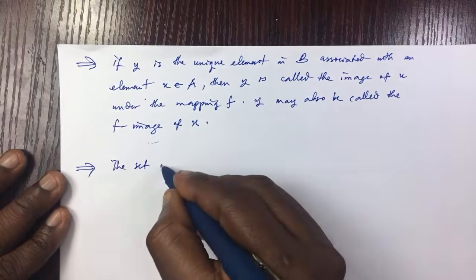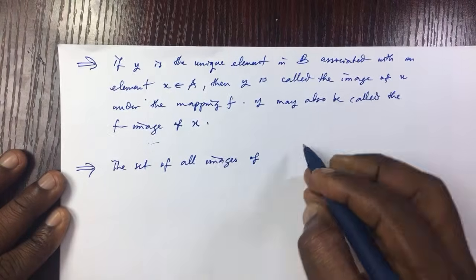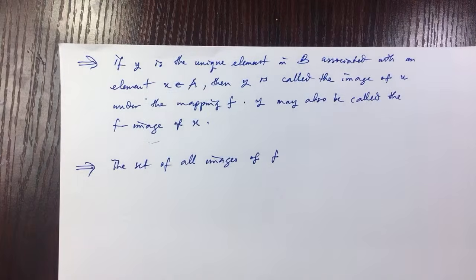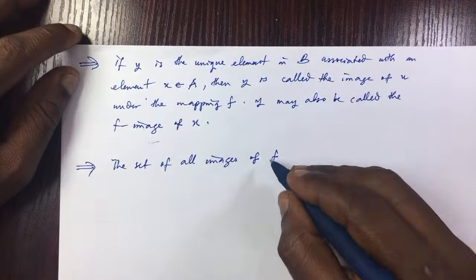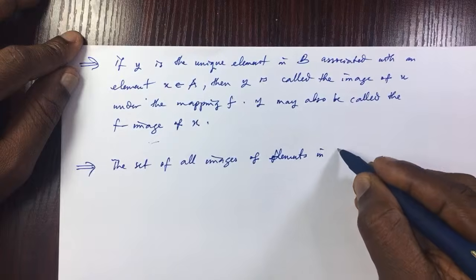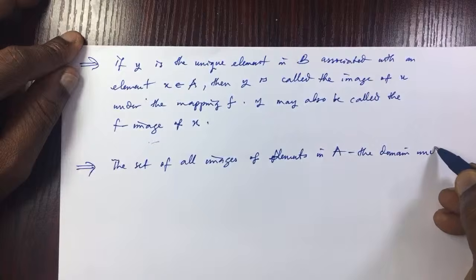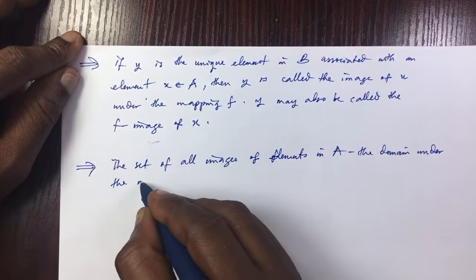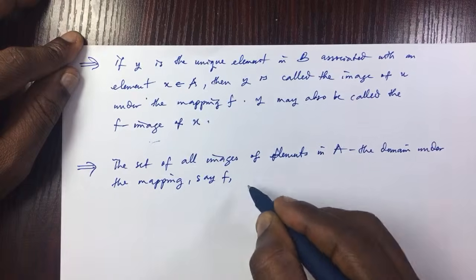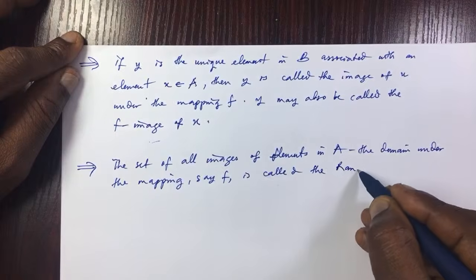The set of all images of elements in A, that is the domain, under the mapping, say F, is called the range. Okay?